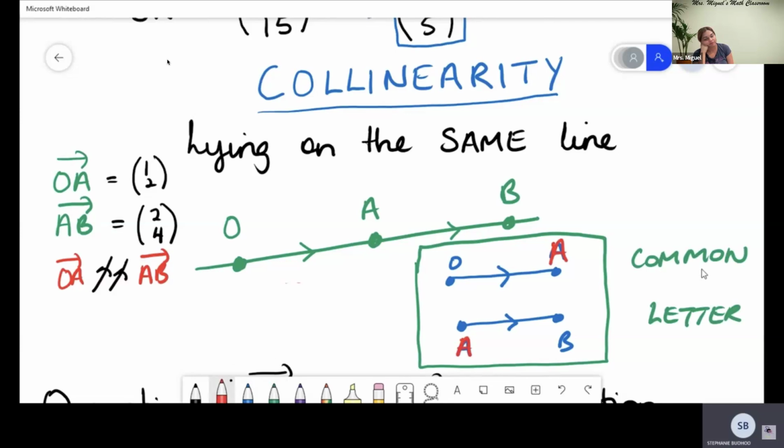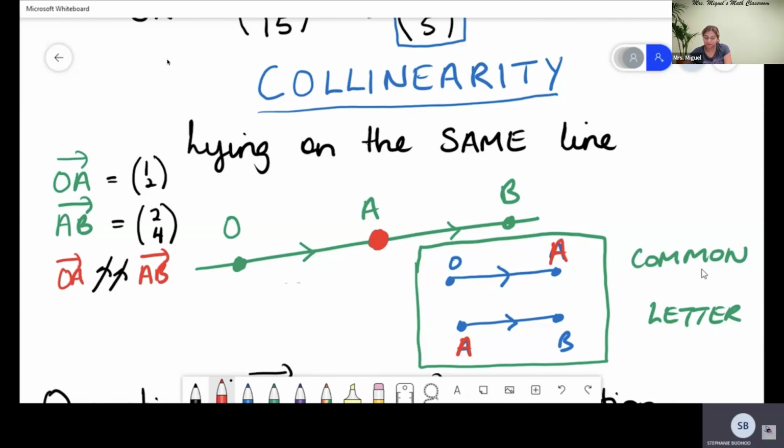Now, if they both contain the letter A, how is it possible that these lines are not joined? You see, for collinearity to take place, it means that whenever two vectors are parallel to each other, but they contain a letter that's in common to both lines, then the only possible way for us to draw this information on a diagram would be by representing these 3 points on one straight line.